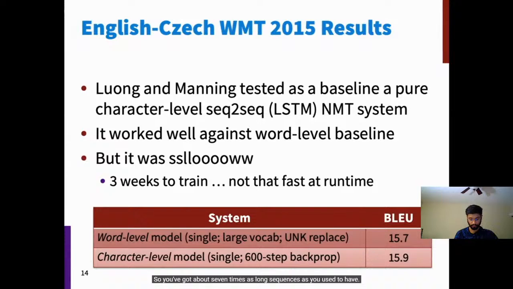You've got about 7 times as long sequences as you used to have. And since there's not much information in the characters, you have to do backpropagation through time much further back. We were running backpropagation through time for 600 steps before truncating it. Maybe that was excessive, but it made the models very slow.